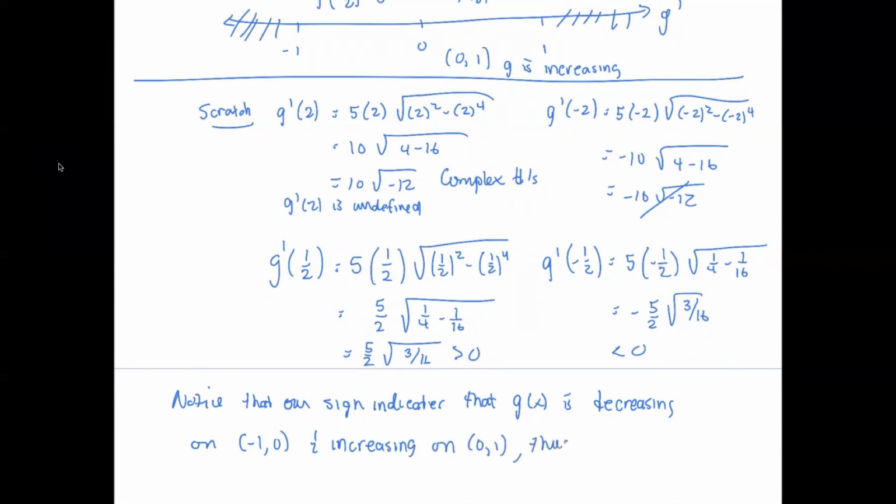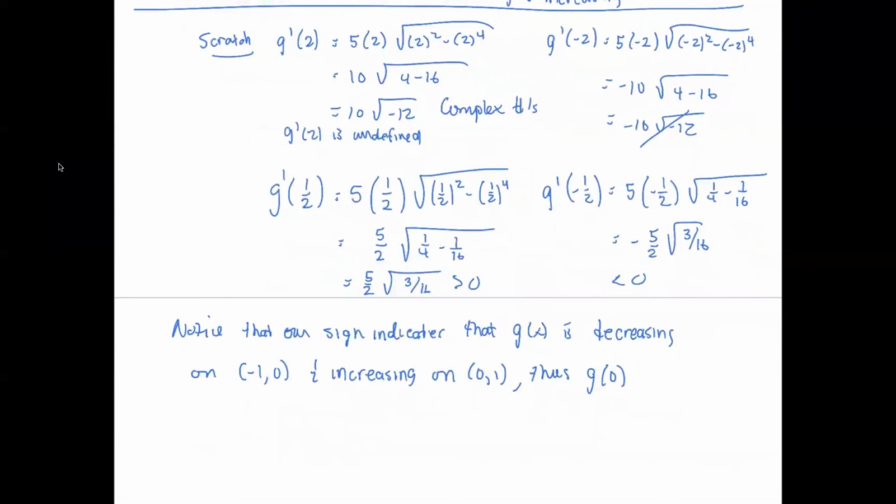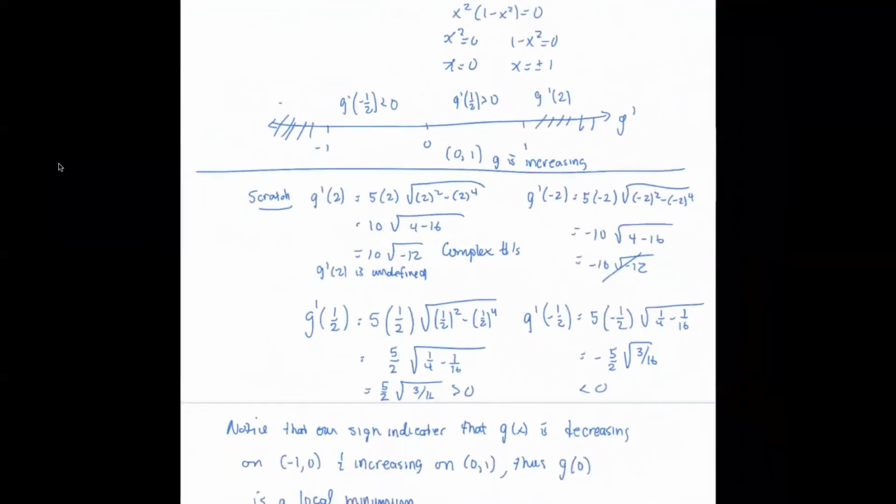Thus, g of 0 is a local min, or a local minimum. And that's it. That's really all you had to do for this one.